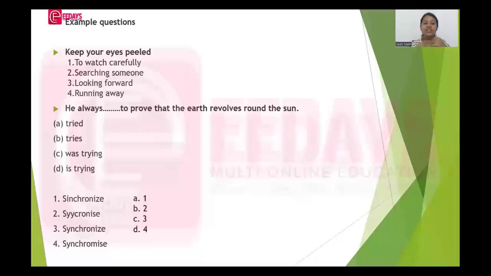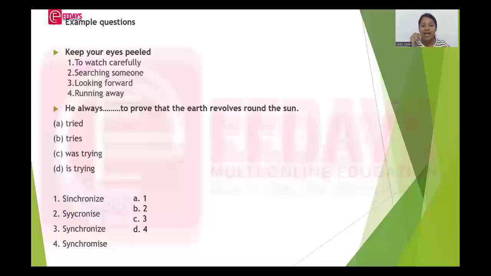First option, to watch carefully; searching someone; looking forward; running away. Since eyes are related, there is nothing to do with running, because that is related to the leg. So you can eliminate the fourth option, and out of these three, any one is the answer.